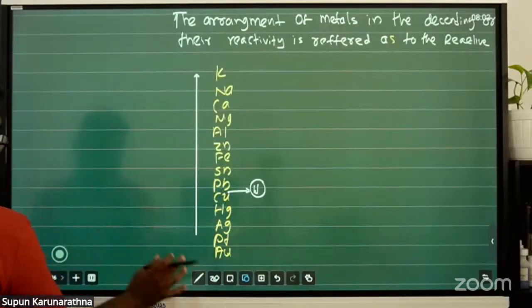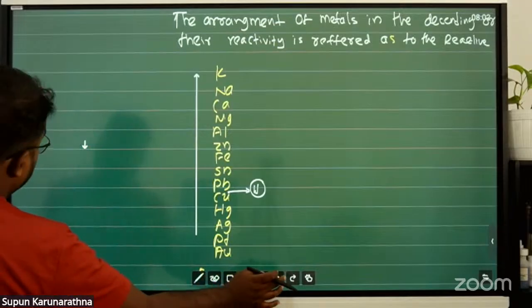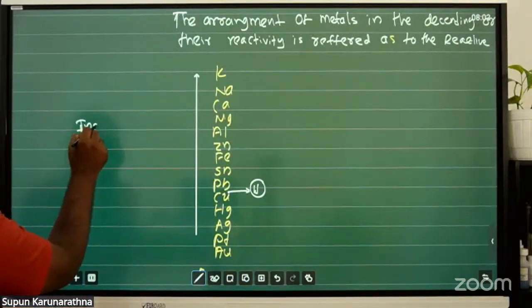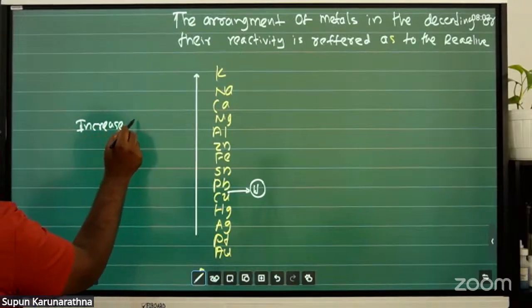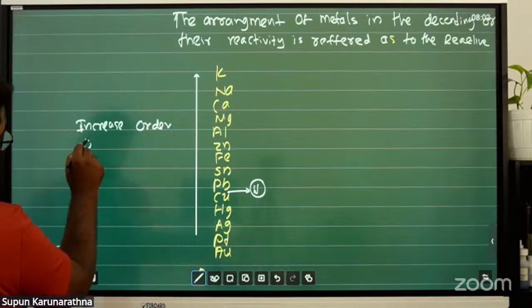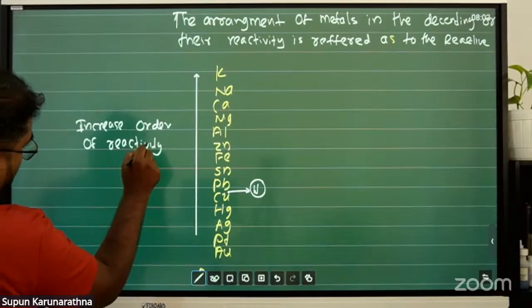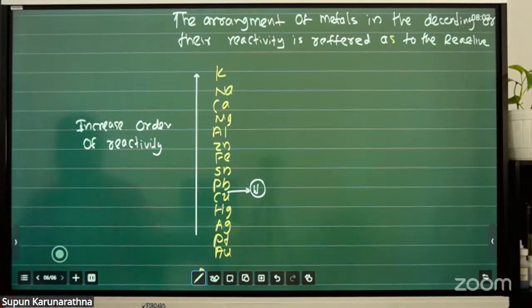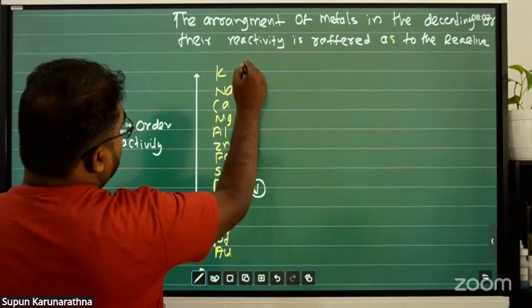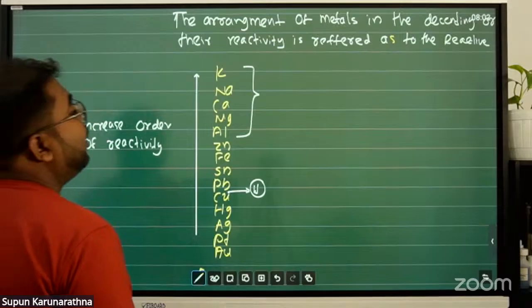Let's write: reactivity increases in this order. From the metals potassium to aluminium, we call them highly reactive metals.